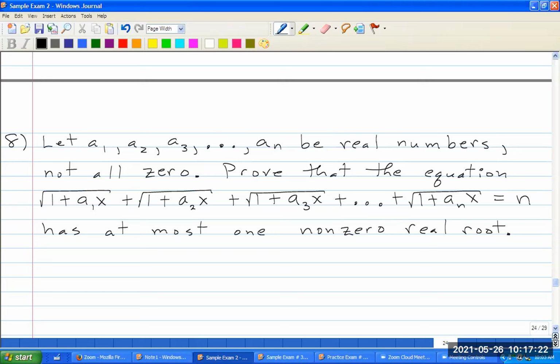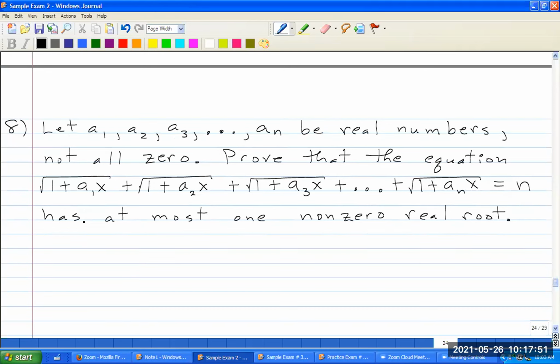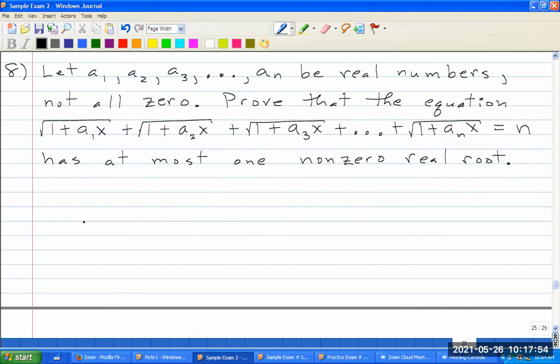Prove that the equation radical 1 plus a1 x plus radical 1 plus a2 x plus radical 1 plus a3 x plus dot dot dot plus radical 1 plus a sub n x equaling n has at most one non-zero real root. Okay, so let's try to prove this by contradiction.